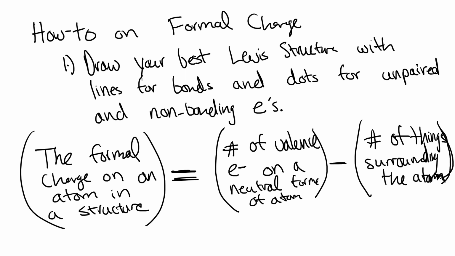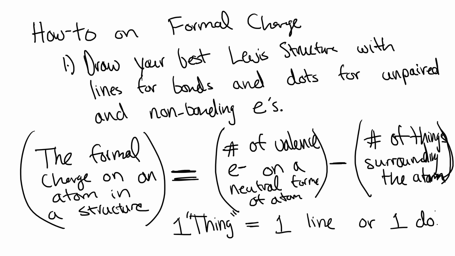And by things, I mean one thing equals one line, a bond, or one dot, an unpaired electron, a non-bonding electron. So either a line or a dot is a thing.